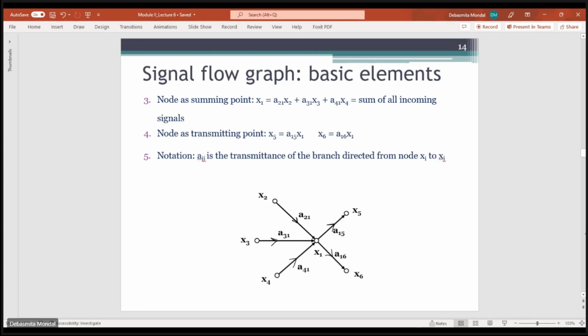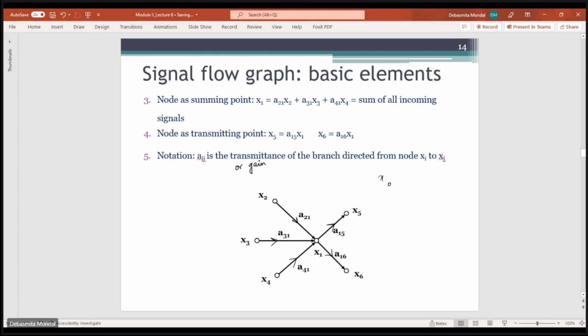Now, if you have other branches going out or coming in to x5 and x6, correspondingly you will have to add those also in order to find the value at that node. Usually the notation is such that the gain Aij is the transmittance or gain of the branch directed from node xi to node xj.